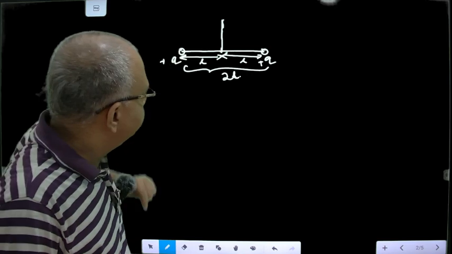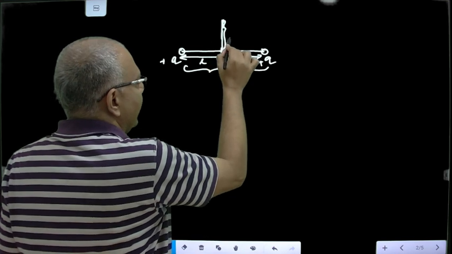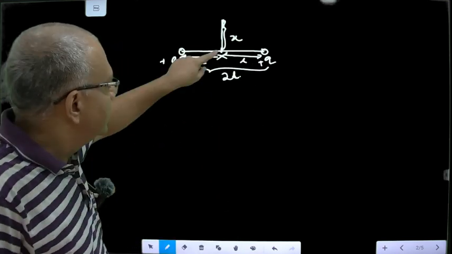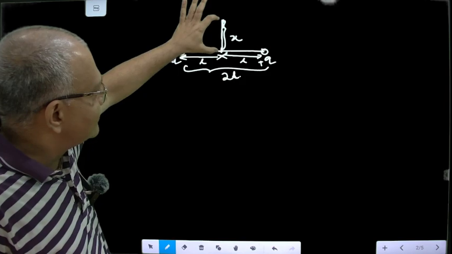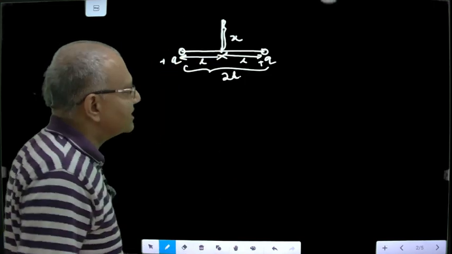Let us think this distance is x. From the middle point, I'm taking the distance x.